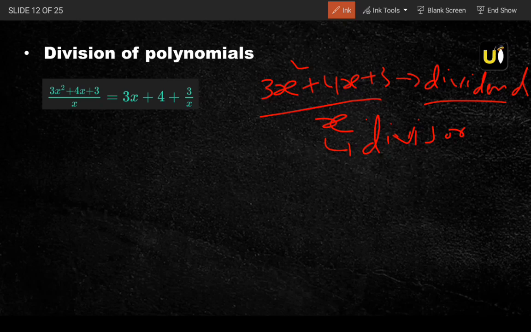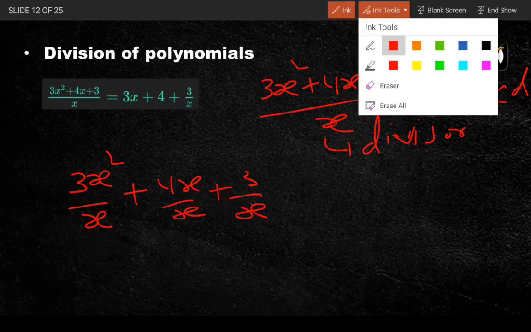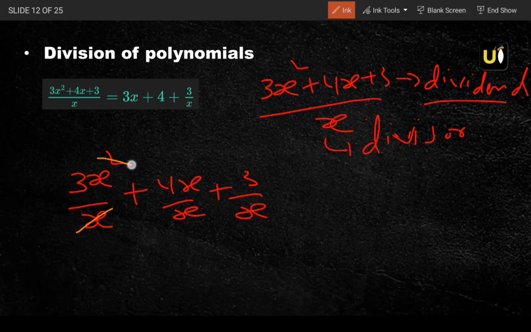We can write this as 3x square by x plus 4x by x plus 3 by x. Cancelling x from the numerator and denominator, we obtain 3x plus 4 plus 3 by x. Here 3 is the remainder and 3x plus 4 is the quotient. This is how we perform division.